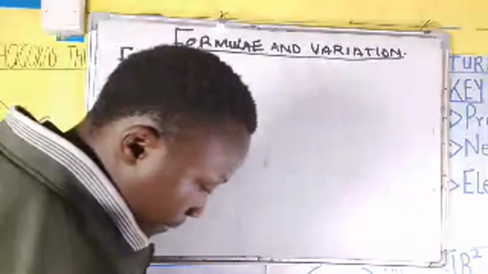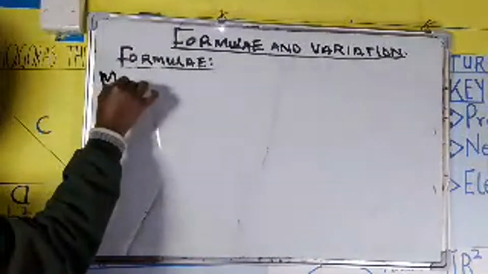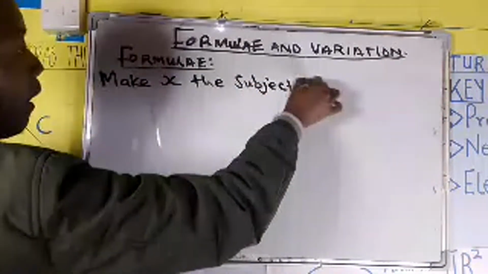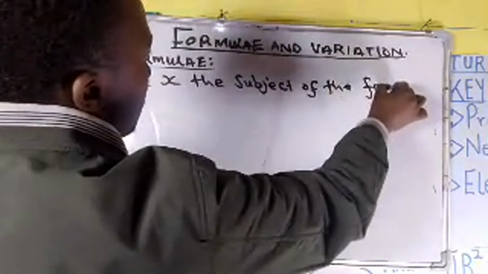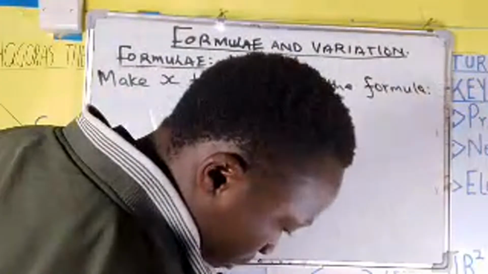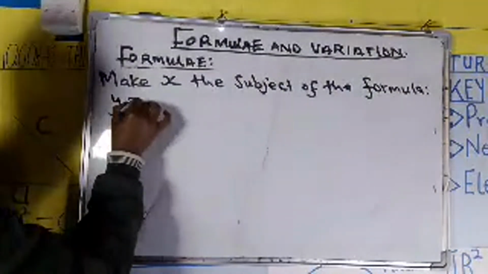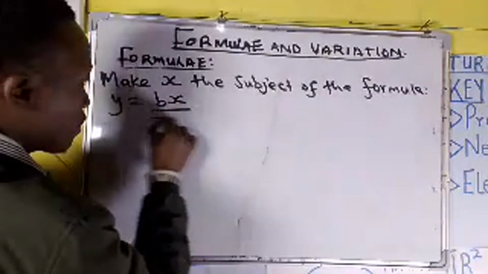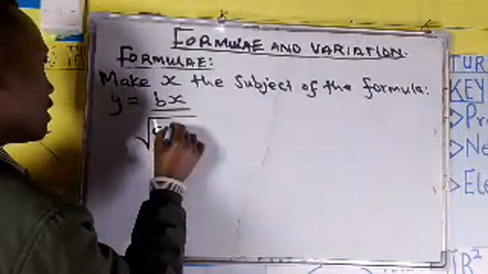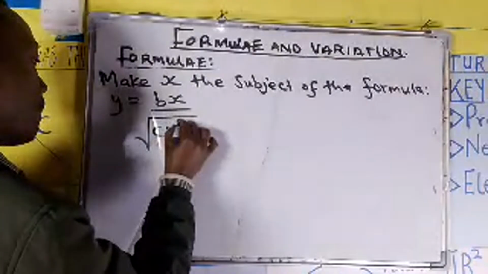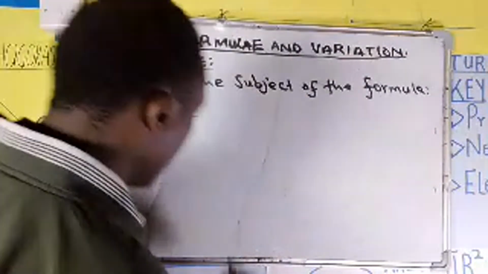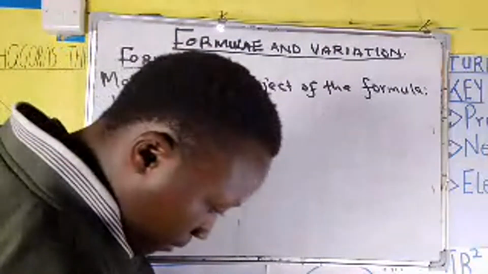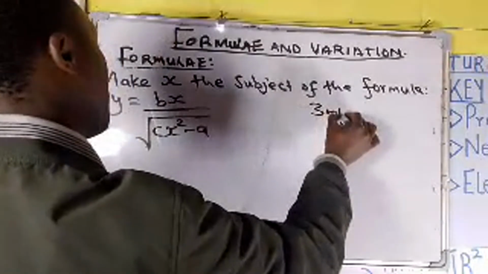We have another one here. Make x the subject of the formula. y is equal to bx over the square root of cx squared minus a. 3 marks.